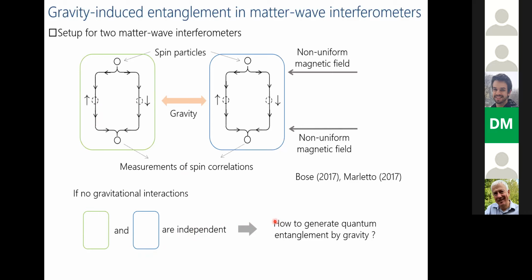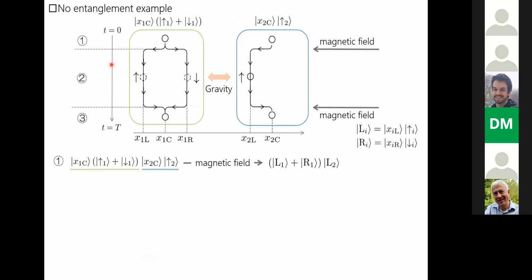I would like to briefly present some calculations on this proposal. To understand how gravity-induced entanglement is generated, at first, let me introduce the case where quantum entanglement is not generated.